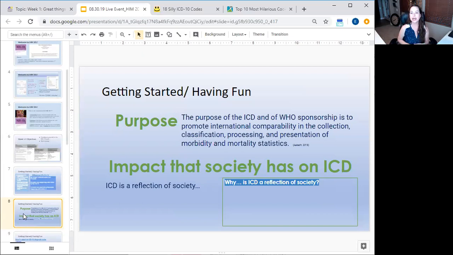So here we actually have a definition as the purpose of the ICD, and WHO, which is the World Health Organization sponsorship, is to promote international comparability in the collection, classification, processing, and presentation of morbidity and mortality statistics. So basically, research.